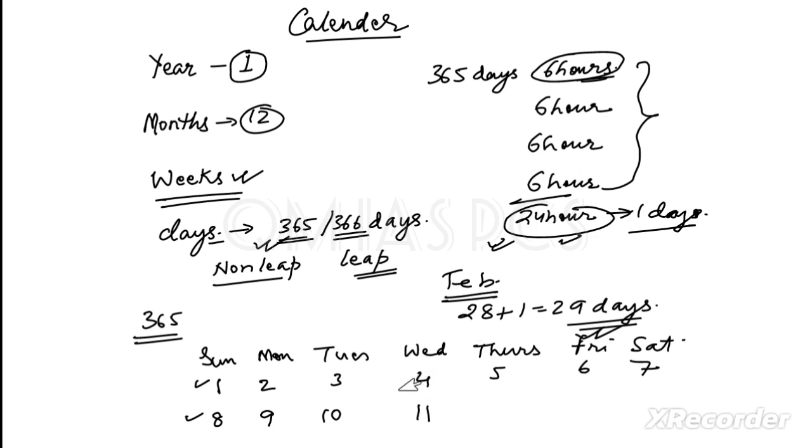So you can see there is a gap of 7 days. That's why this 7 day is a magical number. So whenever you get any value of days, you have to divide by 7. Why this division? Let's see.